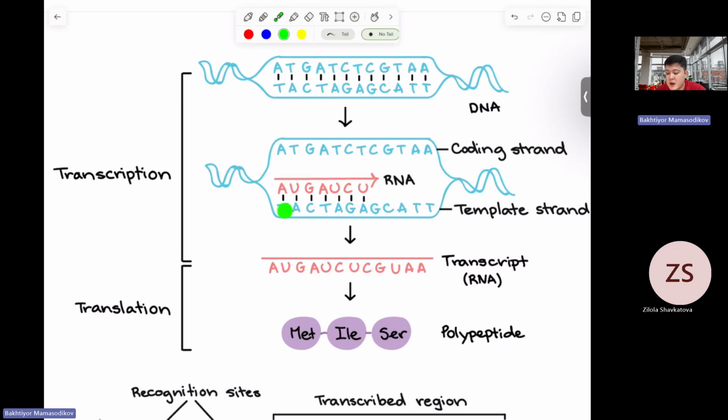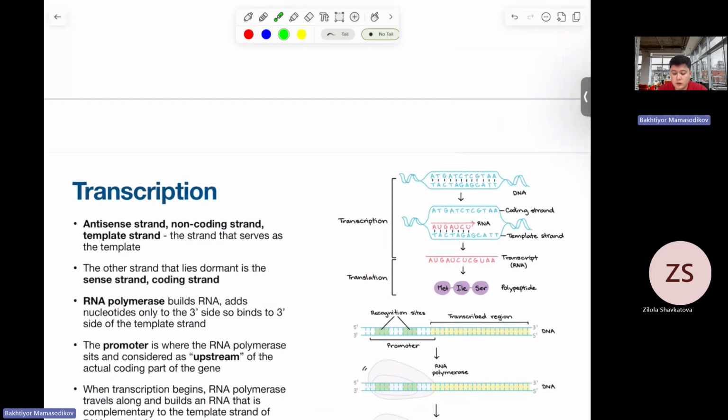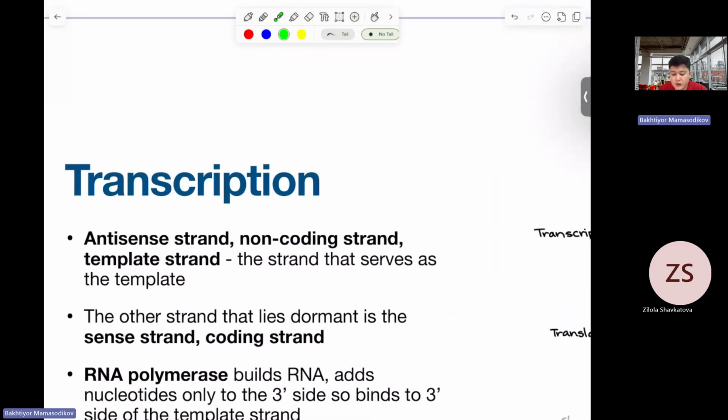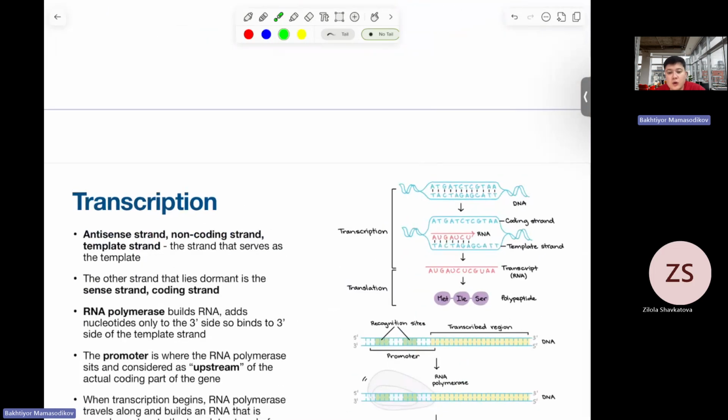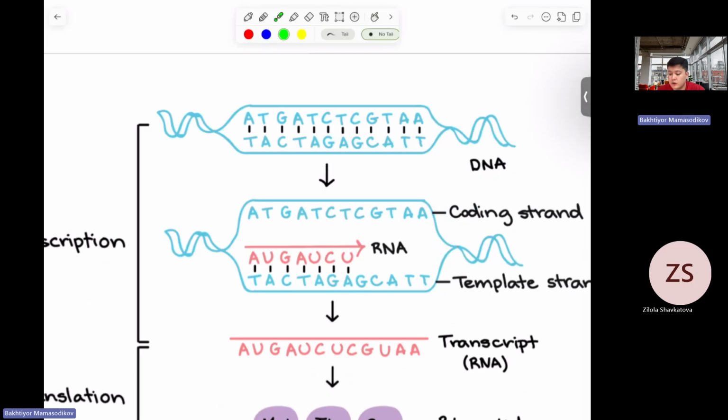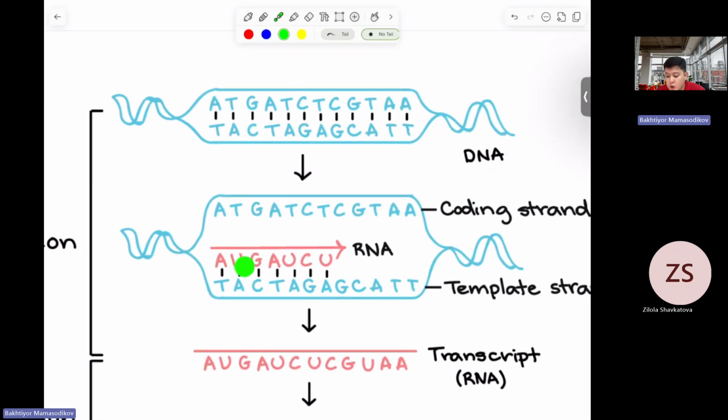This template strand is also called the antisense strand or non-coding strand. Why is it called non-coding? Because it's not directly the code that we want. It's the reverse blueprint for the real code.